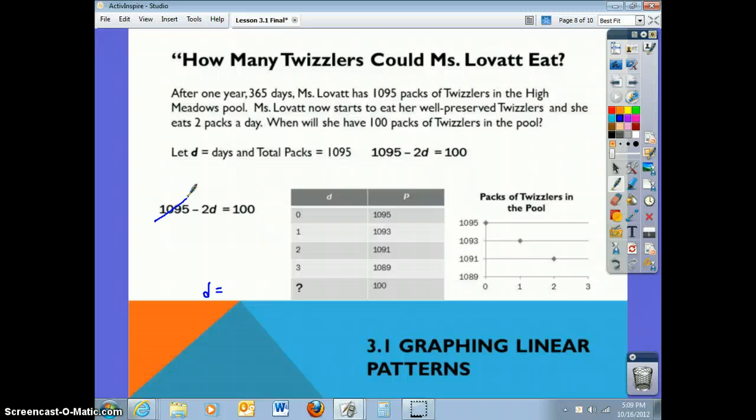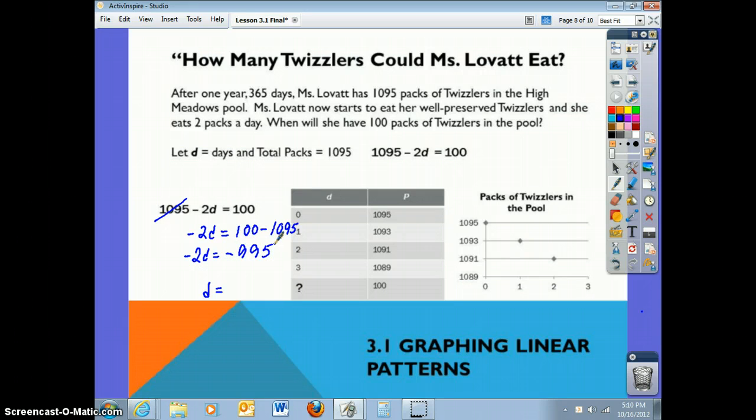If I subtract 1,095 from the left side, I'm left with that. And if I do it to the left side, I have to do the same thing to the right side. So now I have negative 2D is equal to 100 minus 1,095.